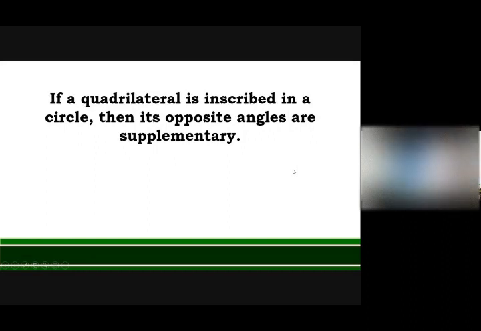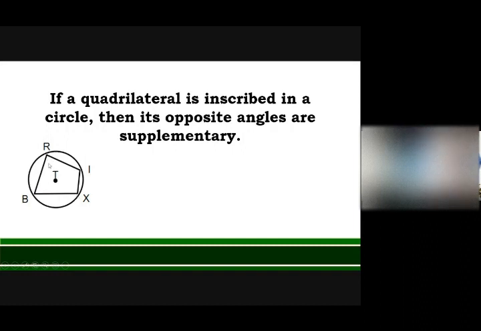Another. Okay, eto, mangyayari kasi sa inyong activity. If a quadrilateral is inscribed in a circle, then its opposite angles are supplementary. Kapag sinabi nating supplementary, the sum is 180. For example, yung angle R, ang opposite niya ay si X. Okay po.